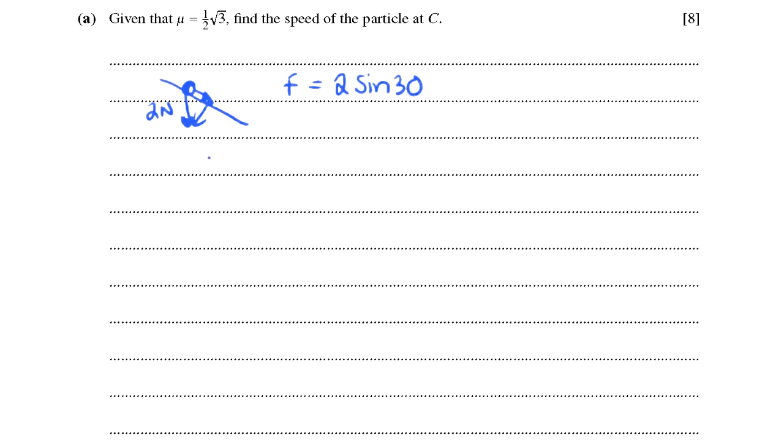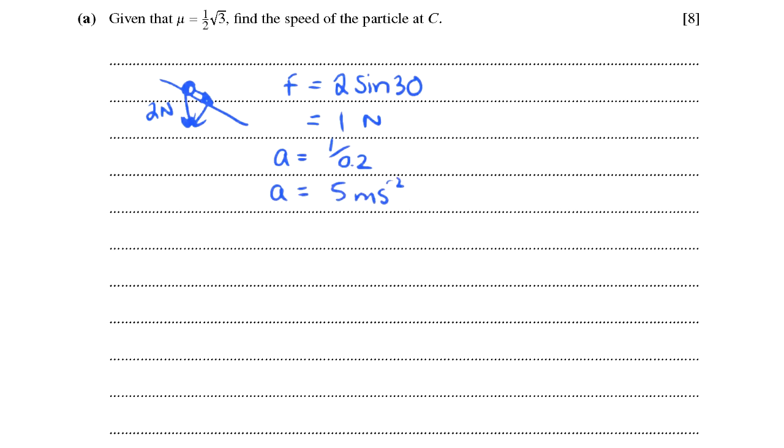Sine 30 is a half, and a half of 2 is 1, and so the force down the plane is just 1 newton. All right, so we can find the acceleration from that because F equals ma. So the acceleration is the force divided by the mass, and the mass is 0.2. Which, of course, means our acceleration is 5 meters per second squared.